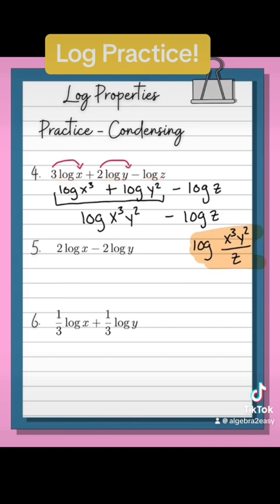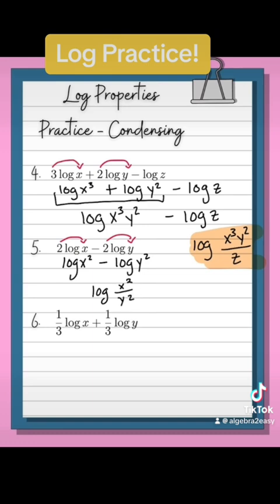2 log x minus 2 log y. You have coefficients, so the first thing you're going to do is rewrite those coefficients as powers, and you now have log x squared minus log y squared, and then we can rewrite these logs into a single logarithm by condensing it as log x squared over y squared.